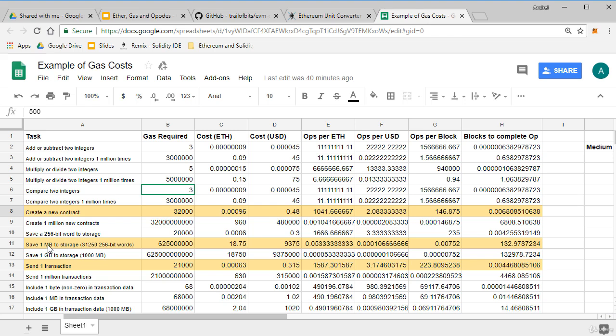If we want to save 1 megabyte on the blockchain, we must pay $9,375 US. This is incredibly expensive, almost $10,000 for 1 megabyte. If we want to compare two integers, we pay this amount of US dollars.